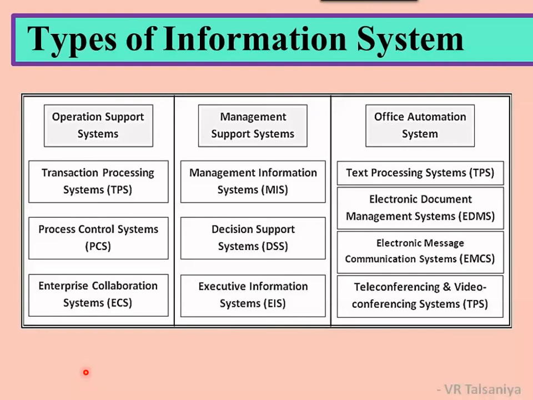But such structures could vary depending on the information source. If you take another textbook or another internet site, you will probably have another representation, like this one. Here we again have the same classes, operation support, management, and office automation systems, but slightly different components of these classes.